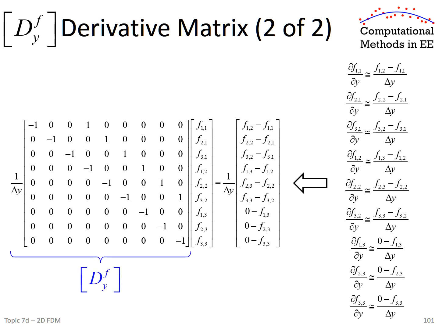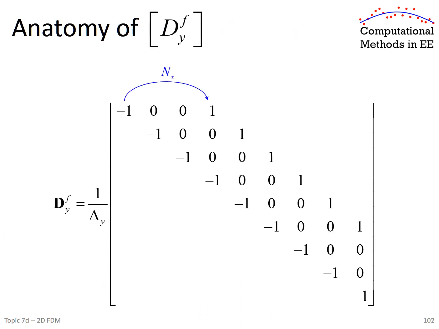After doing that, and also being pre-multiplied by 1 over delta y, this big matrix is our right-handed derivative matrix in the y direction. So for larger grids, let's look at the anatomy for this. We have all negative ones going down the center diagonal, and all ones going down another diagonal that's shifted over by NX.